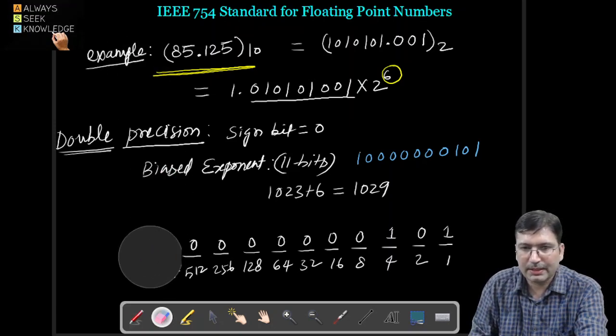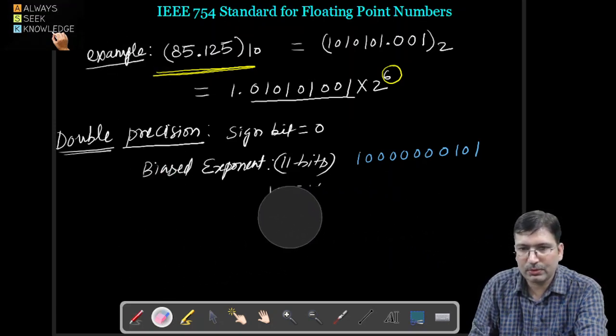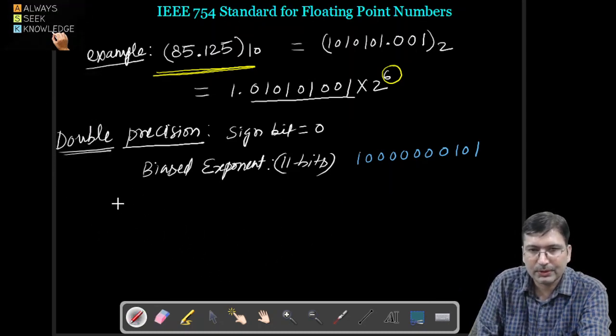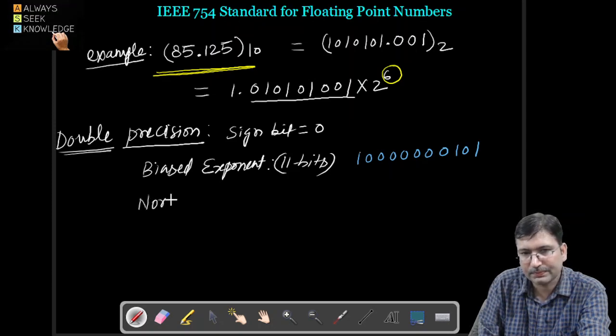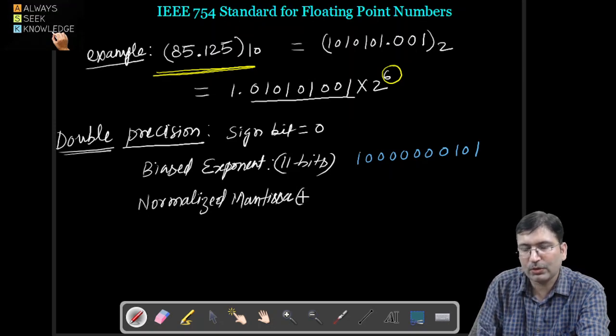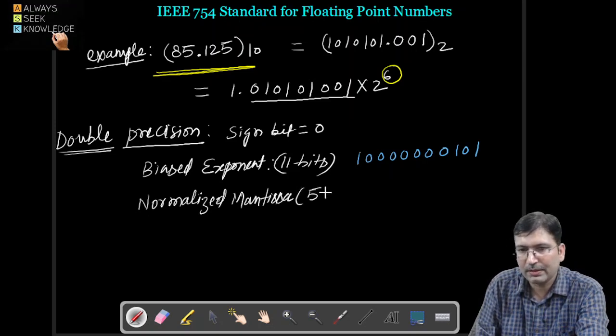Now let's clear it. Now we need to represent the normalized mantissa. The third part is the normalized mantissa, and we need to represent it in the remaining 52 bits.